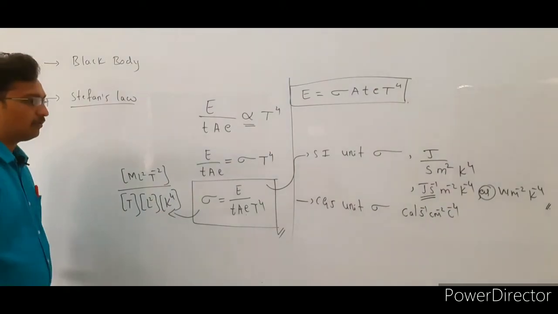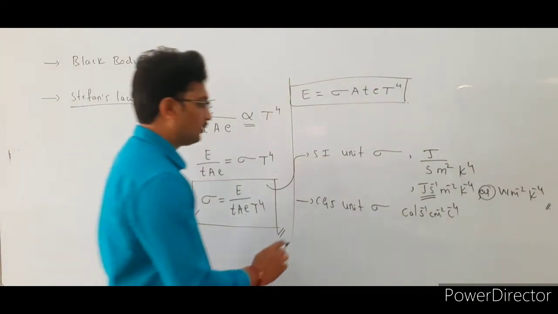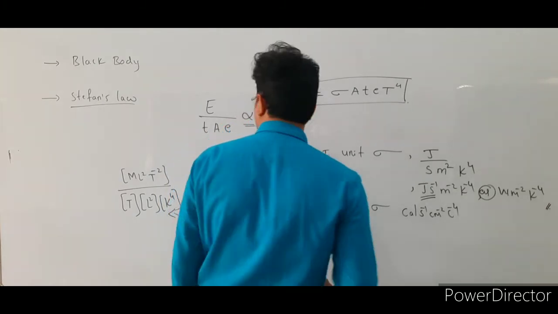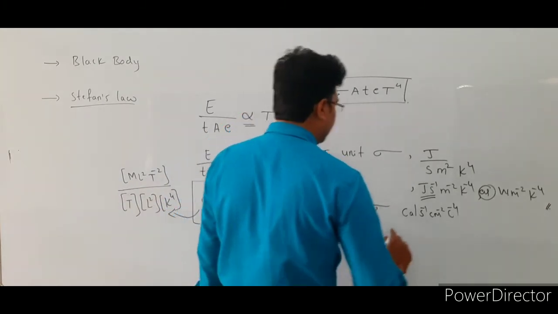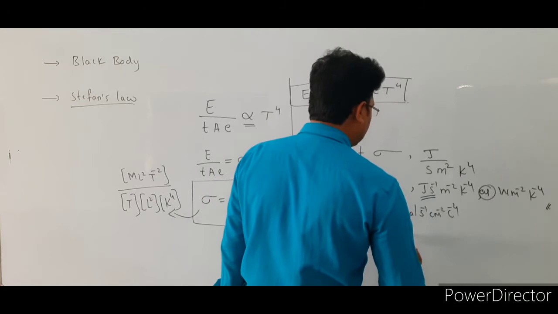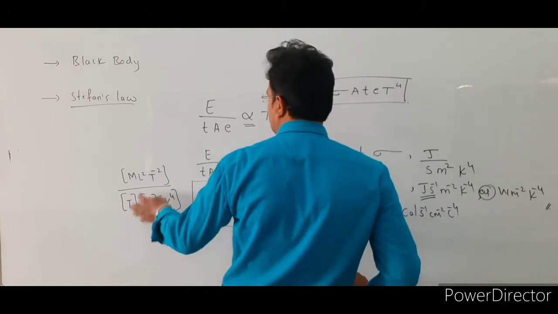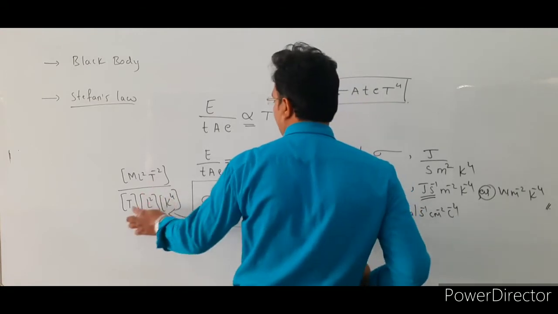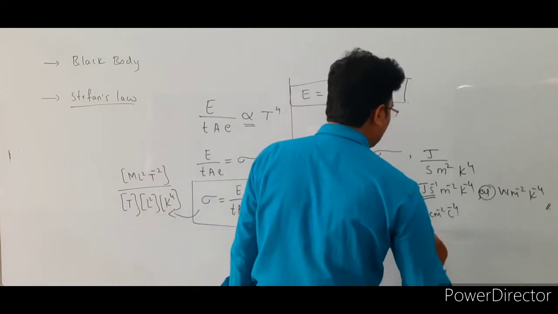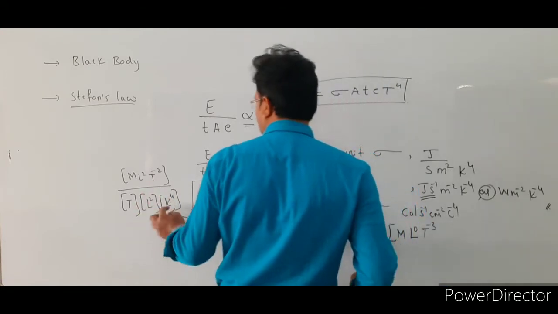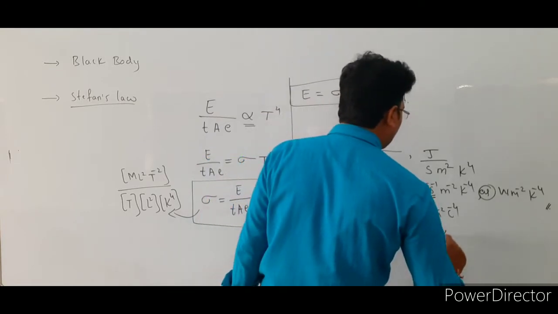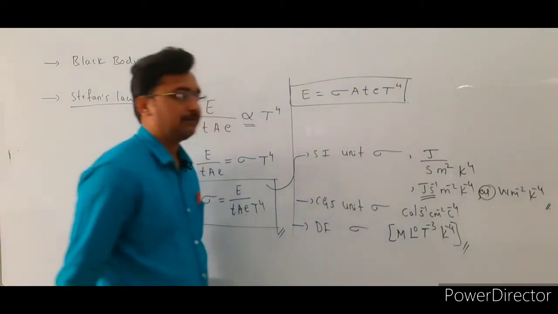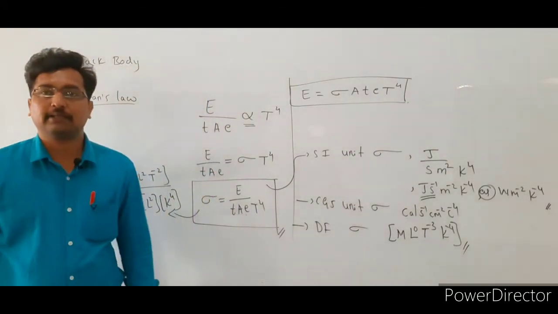Then the dimension formula for sigma, here this is M as it is, and here this is L square and this is L square, L to the power of 0, T to the power of minus 2, and this is T to the power of minus 3, and this is K to the power of minus 4. So this is the dimension formula for sigma, right?